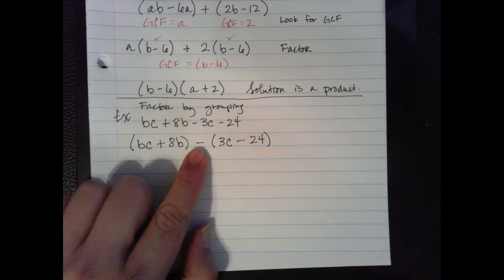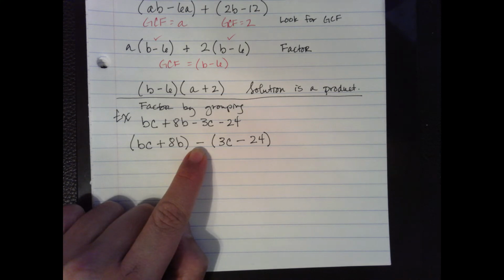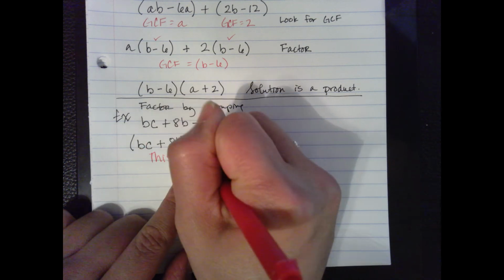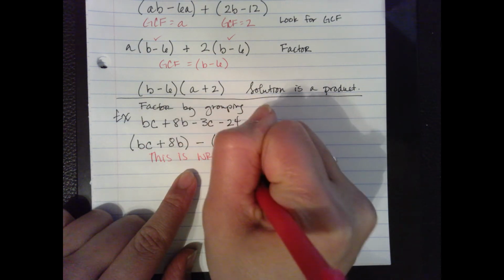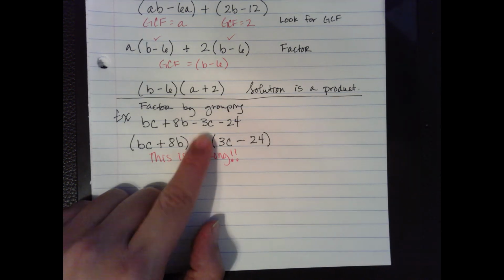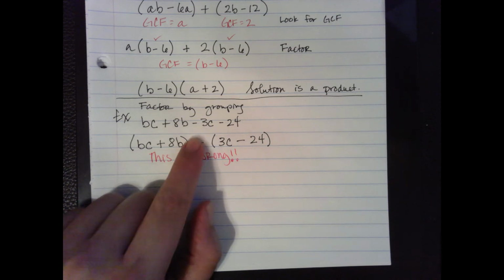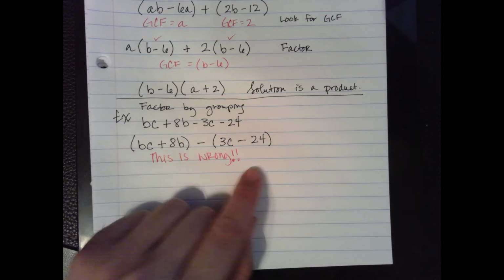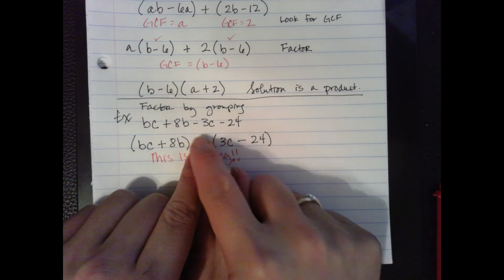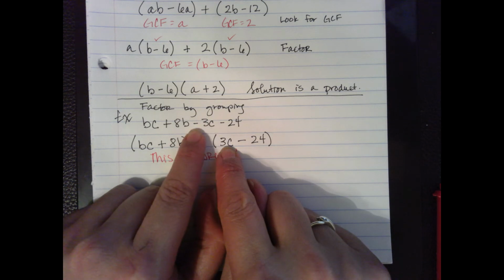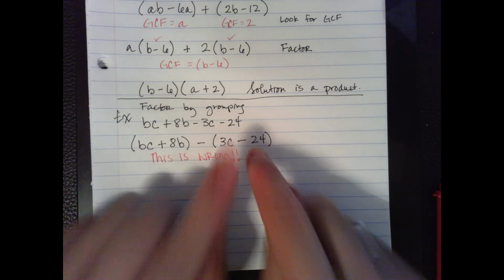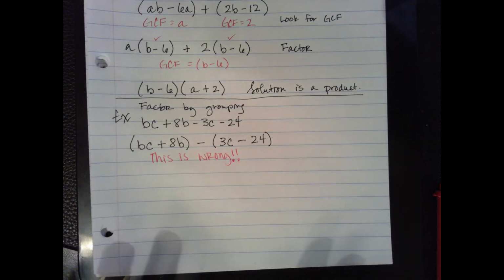You notice I have a minus sign in between, and I want to highlight that this is wrong. The minus sign has to stay with the 3C. That means this minus sign could be distributed back into my set of parentheses, and I would have negative 3c. That's still okay. But negative times negative would give me plus 24. So we've actually accidentally changed the problem.